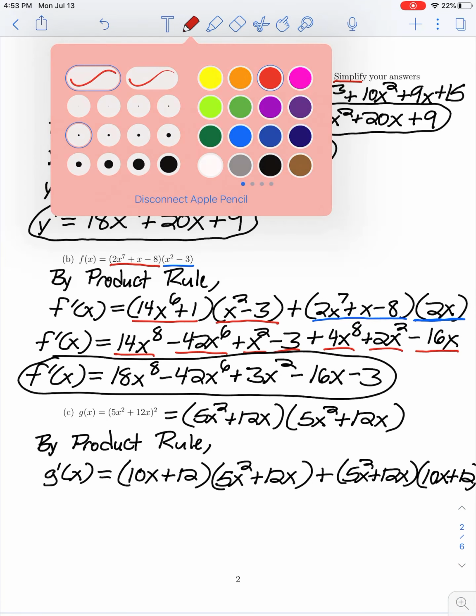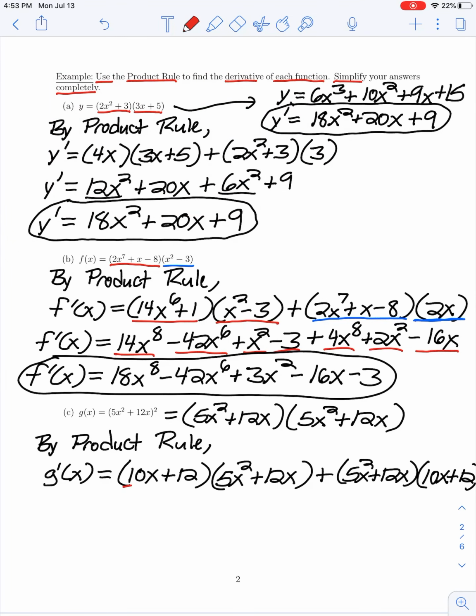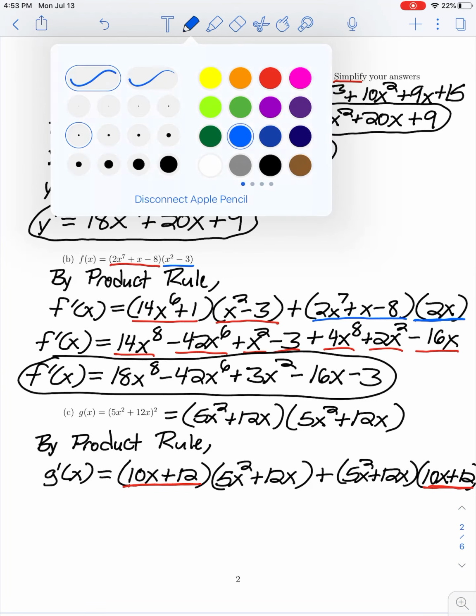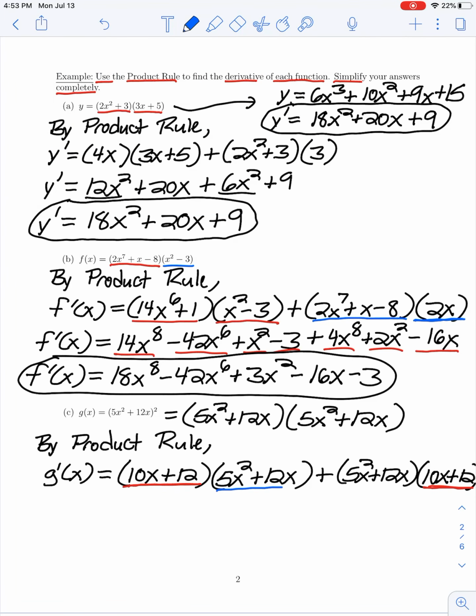So notice, in this case, that we have the product of 10x plus 12 with this 5x squared plus 12x. Since I was taking the same function for both factors in my product, it was a function being squared, I have the exact same expression when I'm taking the sum of these terms in the product rule.